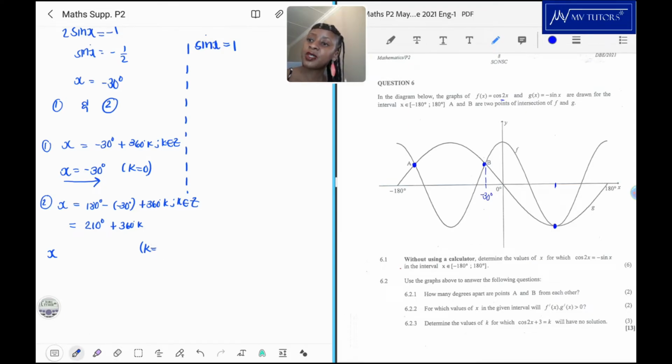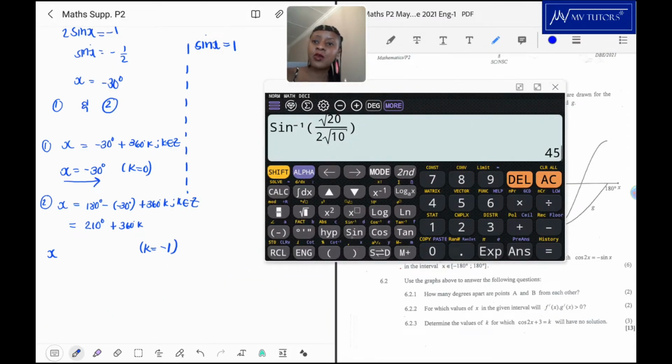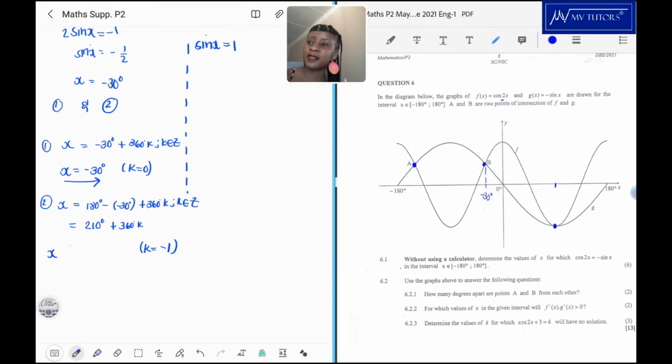If I substitute in negative 1, I'm going to get 210 minus 360. And what is 210 minus 360? That'll give me negative 150. So I have x is equal to negative 150 because it is within the domain of negative 180 to positive 180.